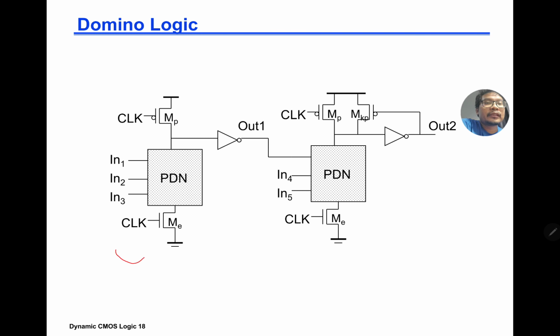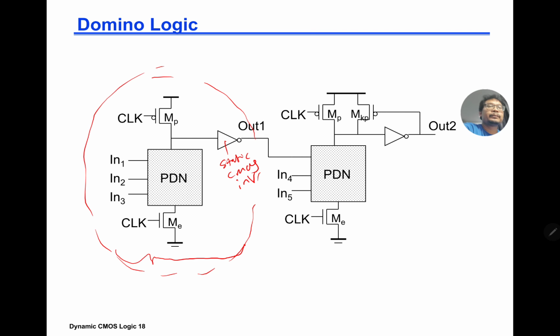Here is one domino circuit. You have the dynamic logic plus your static CMOS inverter. When you combine your dynamic logic with the static CMOS inverter, you get the domino gate.